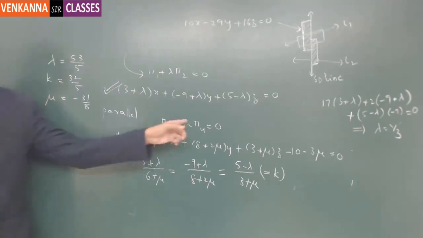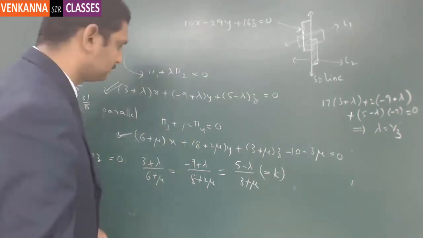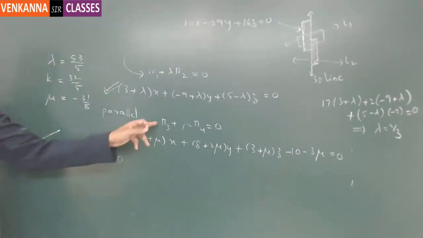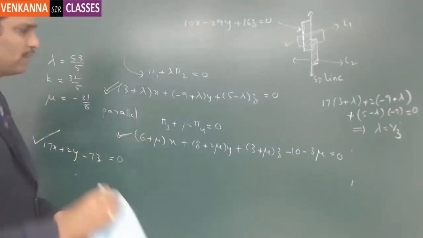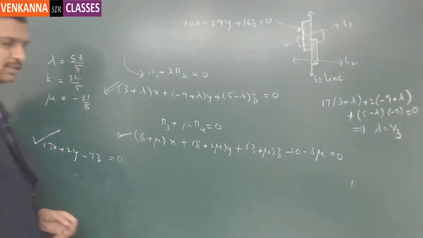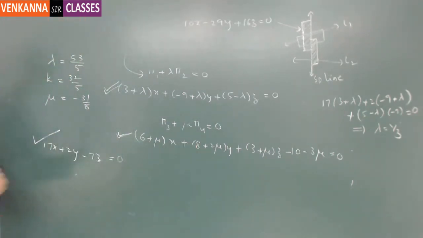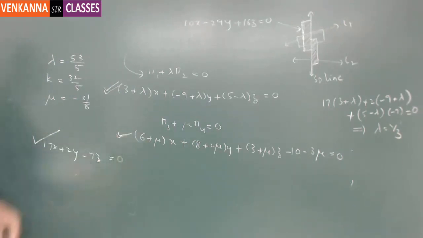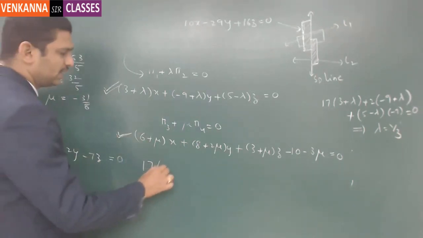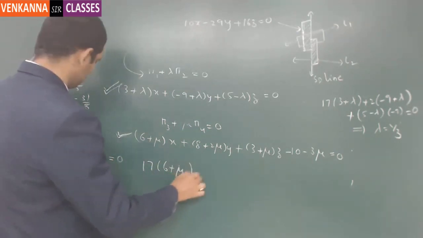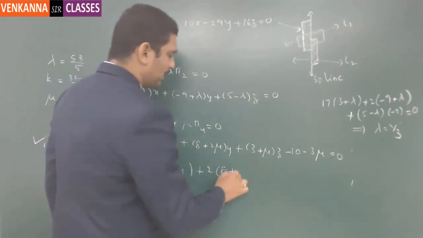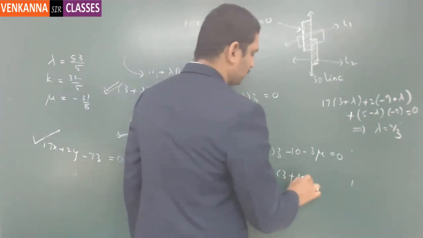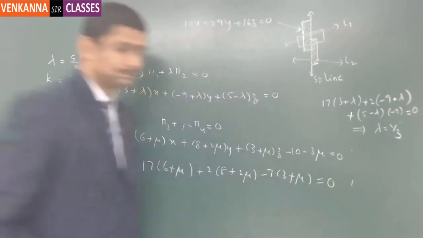Again, these steps are common. We write pi 3 plus mu pi 4 equal to 0. Again we take the values as common and these two are perpendicular, so we apply the perpendicularity condition: 17 into 6 plus mu, plus 2 into 8 plus 2 mu, minus 7 into 3 plus mu equal to 0.